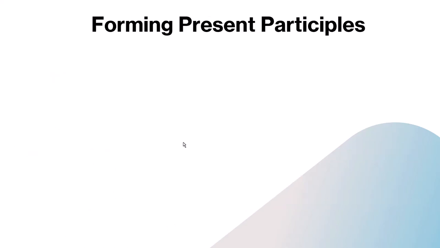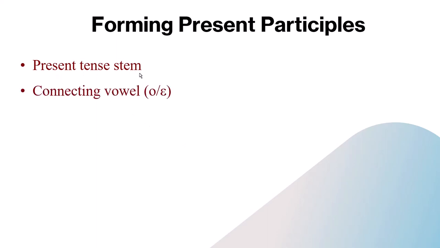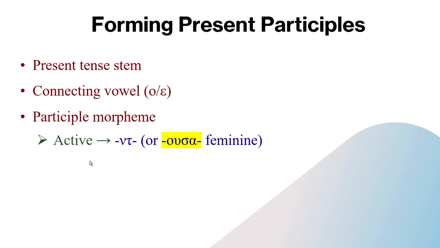Forming the present tense participle, we start out with the present tense stem, and that's going to be the same as for indicative verbs. Then there's going to be a connecting vowel, omicron or epsilon. Then we'll see the participle morpheme. And so for active participles, this is going to be nu tau or ousa for feminine.